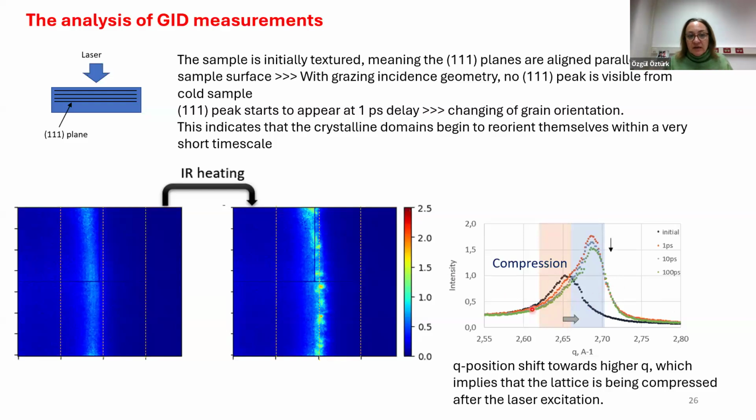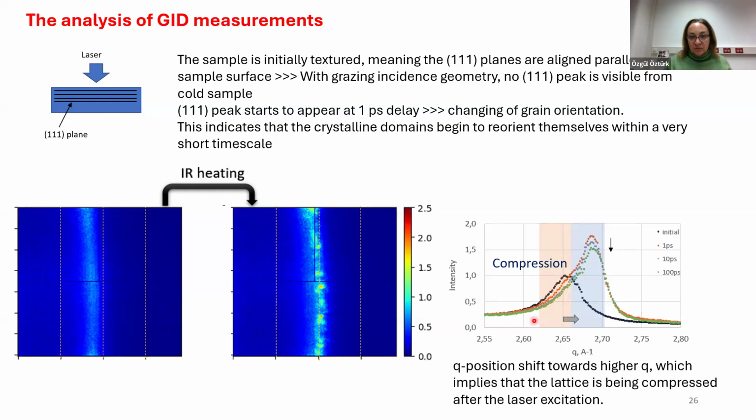If we draw this line out, I see that the peak starts to appear at even 1 picosecond delay, and the Q position is shifting to higher Q, which means my lattice is compressed after laser excitation.